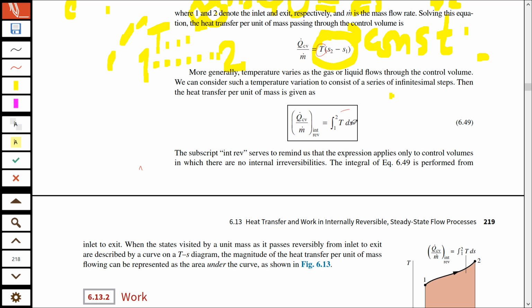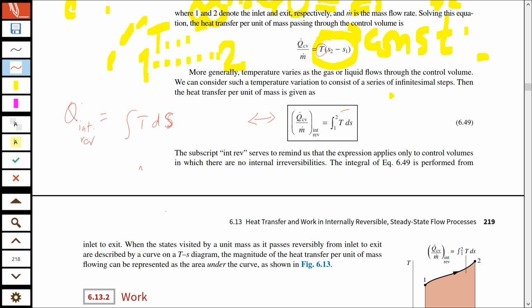It's very important. Otherwise, you don't know why we are discussing this in the first place. Remember, I started the discussion in this way: I have Q, and that Q for an internally reversible process is simply the integral of T ds. Remember, I used ds, the uppercase, not the lowercase.